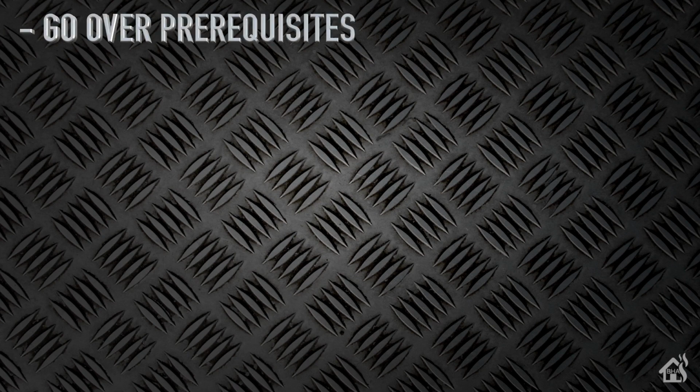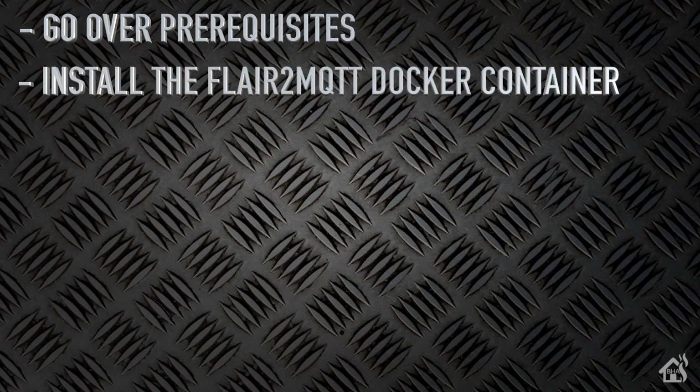So we'll do a quick run through of everything we're going to cover in this video. For starters, we'll go over some prerequisites that you need. Not a whole lot there with this particular setup, but we'll run through them anyway. Then we're going to install the Flair to MQTT Docker container.